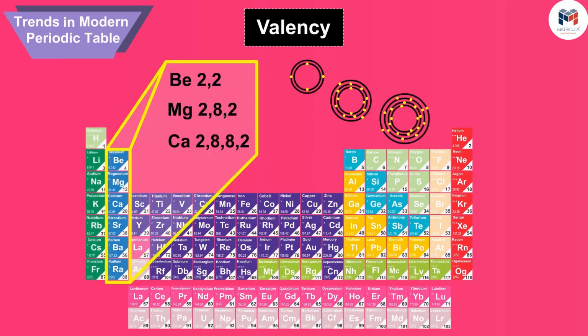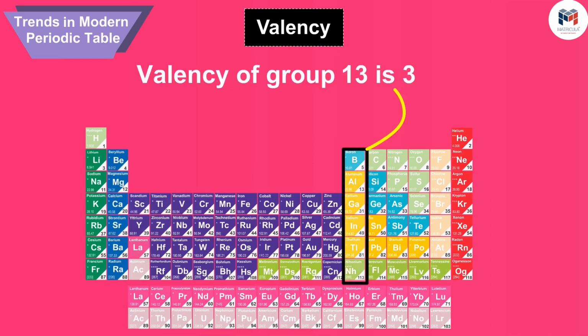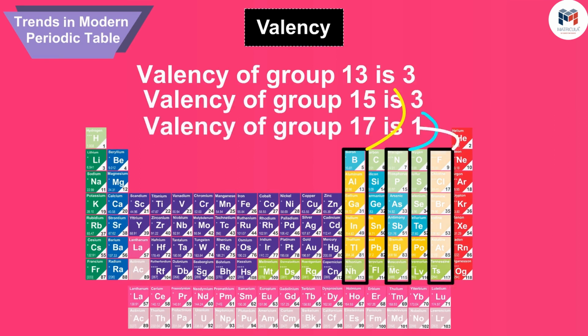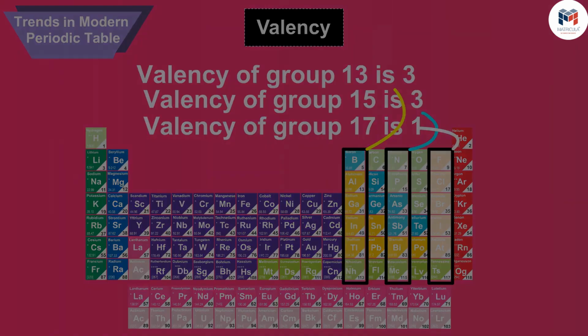All elements of group 2 have 2 valence electrons and hence valency is 2. Valency of group 13 is 3. Valency of group 15 is 3. Valency of group 17 is 1.